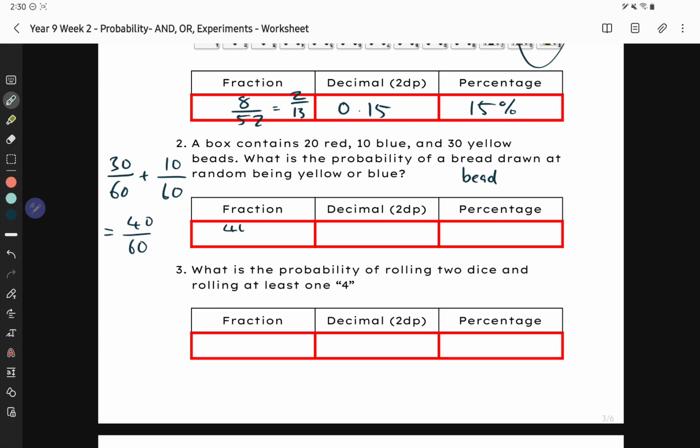So that's 40 over 60, which we can simplify as 2 over 3. Right? Decimal being 0.67, percentage being 67%. Okay.